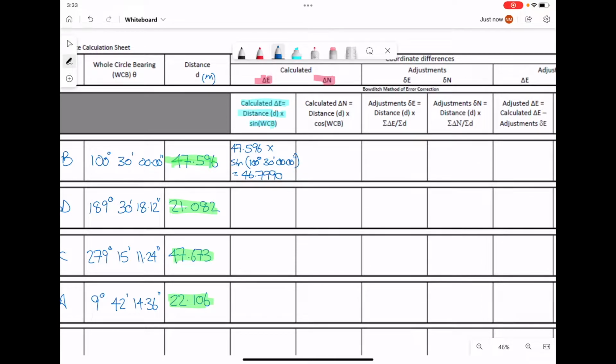Repeat for all the cells in this column, using the next whole circle bearing and the corresponding distance, then the next whole circle bearing and its distance, and the last whole circle bearing and its distance.